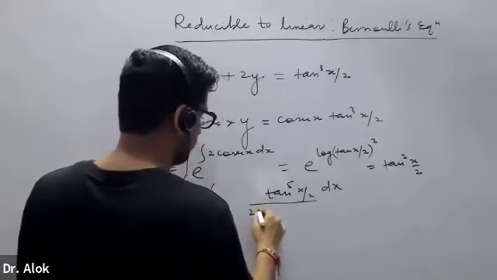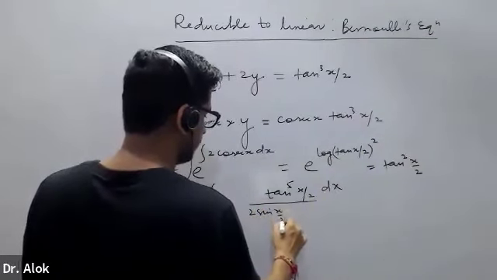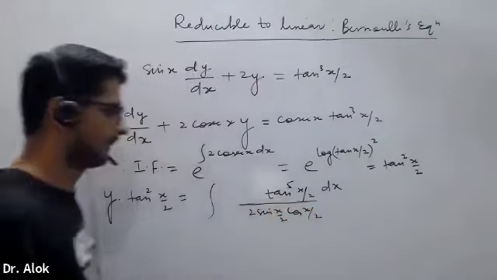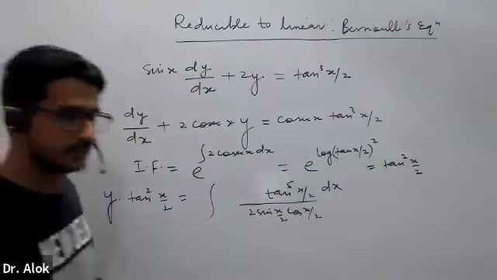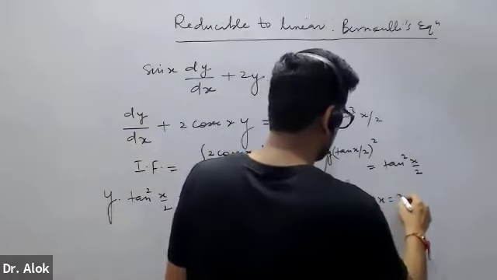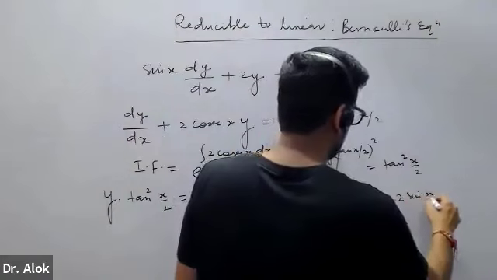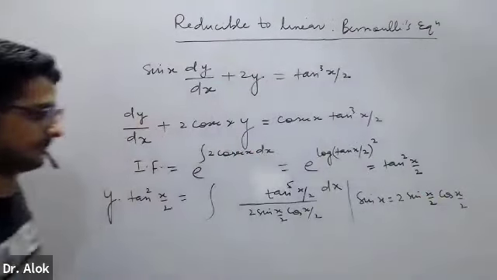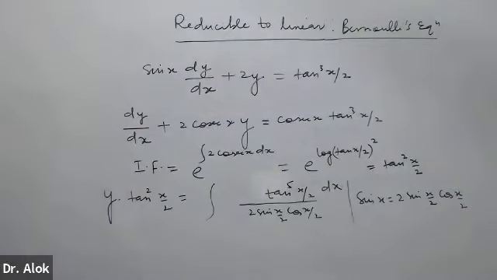So upon 2 times sin x by 2 cos x by 2. I have used this formula: sin x is equal to 2 sin x by 2 cos x by 2. Please see this.